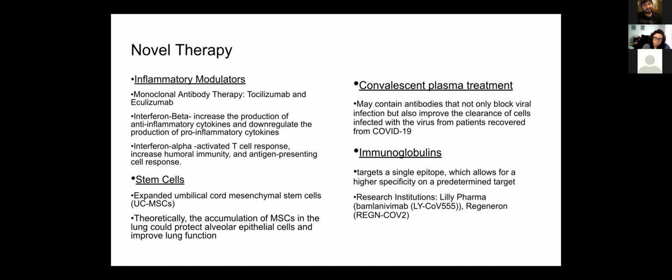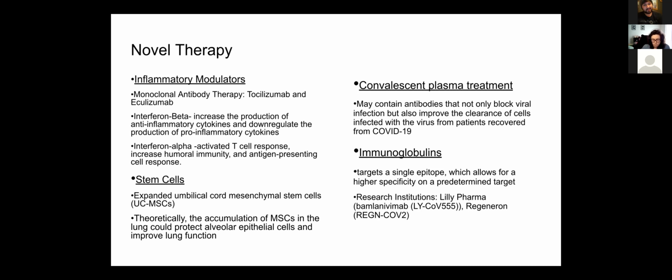That's why I was asking before whether the lung damage was permanent or not, because stem cells can actually regenerate these epithelial lung cells, and they also have other properties. They can downregulate cytokines, and they also have another property with the regulation of T and B cells.